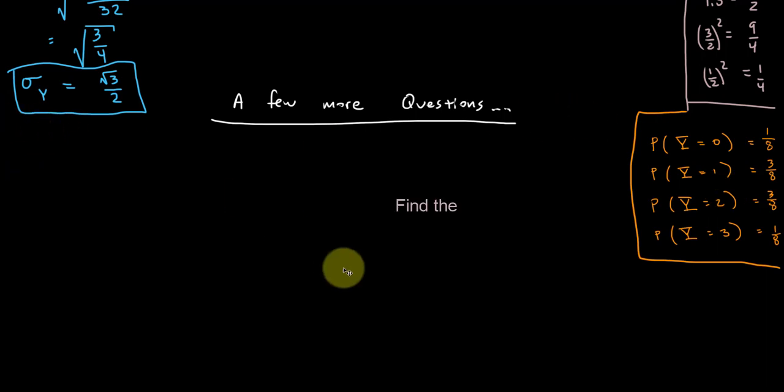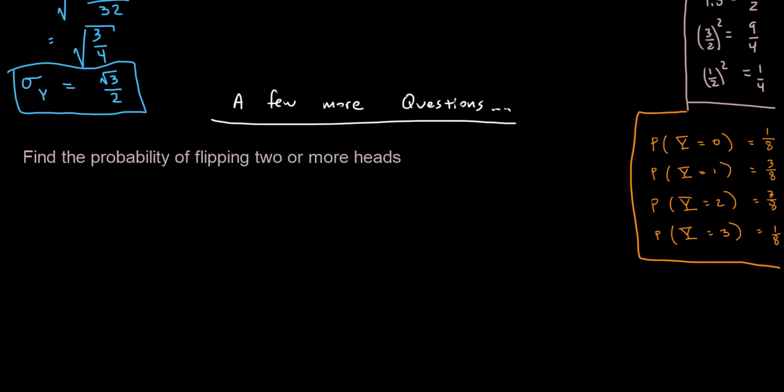And so I'm going to ask a couple questions. For instance, let's find the probability of flipping 2 or more heads. All right, and we're going to use the notation for this. Finding the solution may not be too difficult by utilizing these values over here, but again, if we were going to translate this question into the notation, I might say the probability that y is greater than or equal to 2.